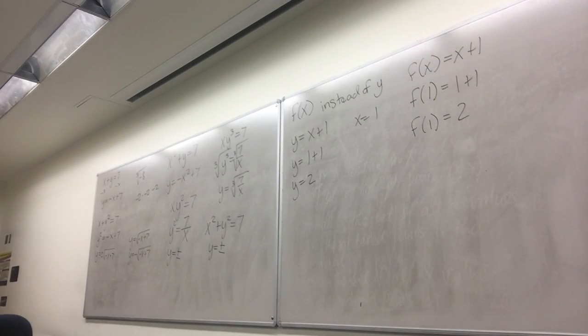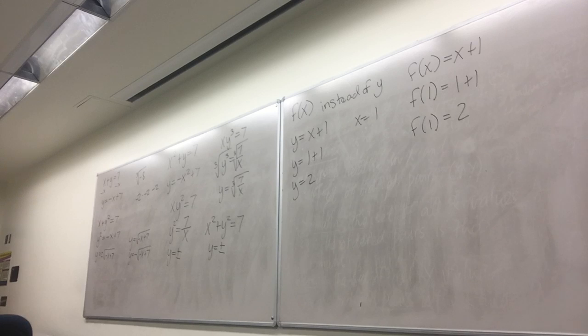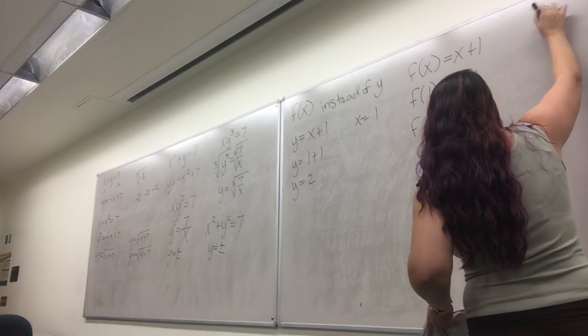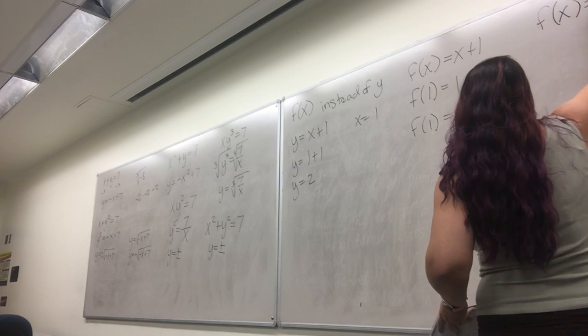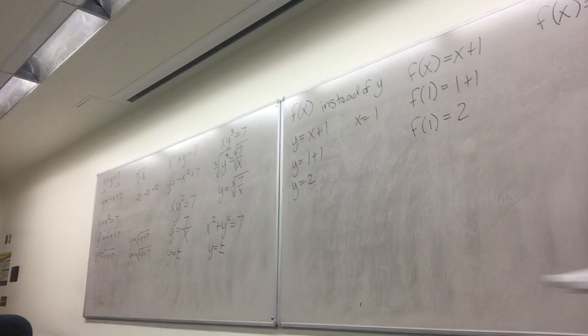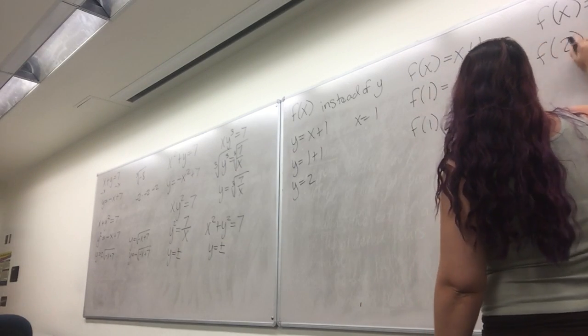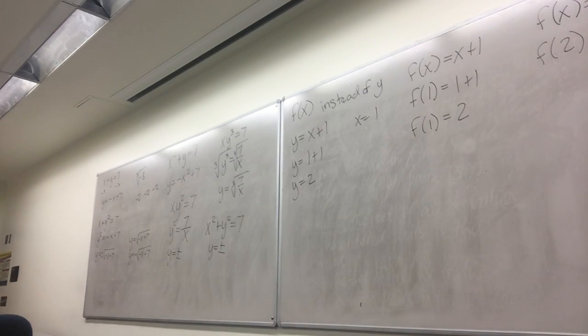Okay, so let's do some examples of using function notation. If we have f of x equals 4 minus x squared, and we want to find some different values. Let's first find f of 2. We plug in x equals 2.